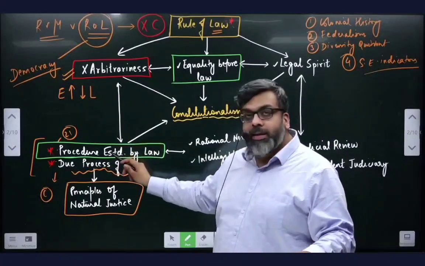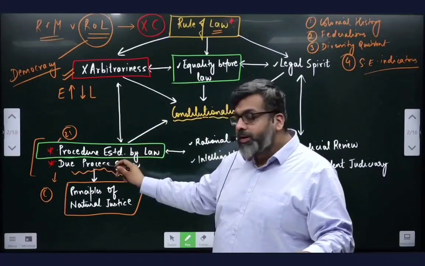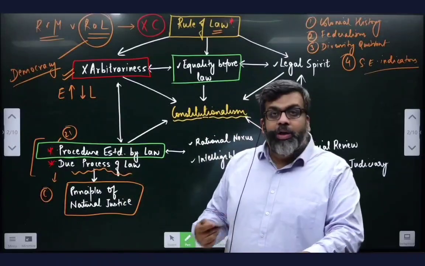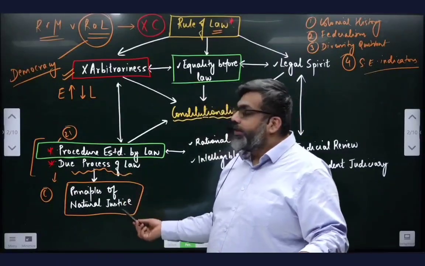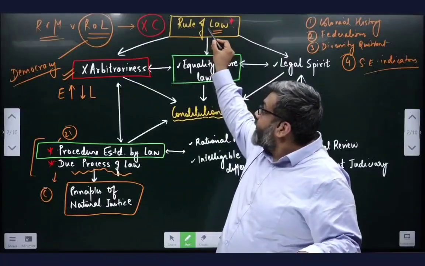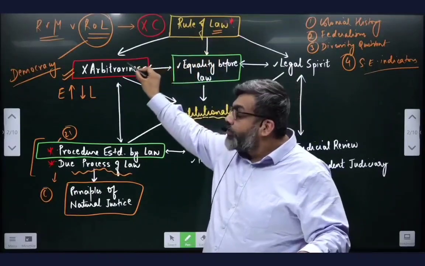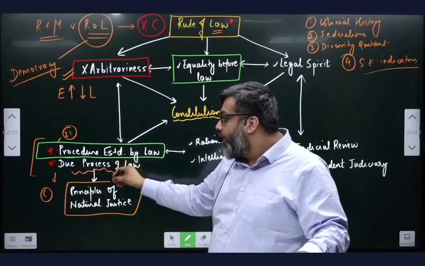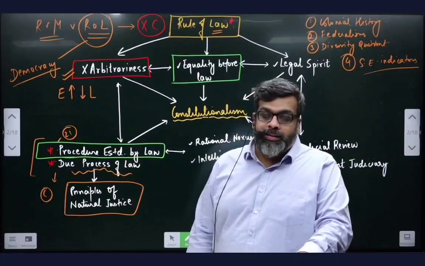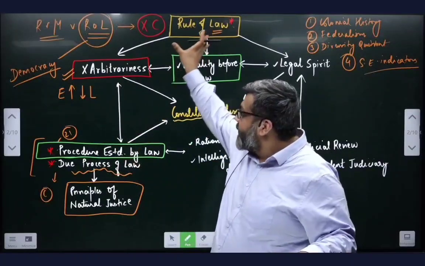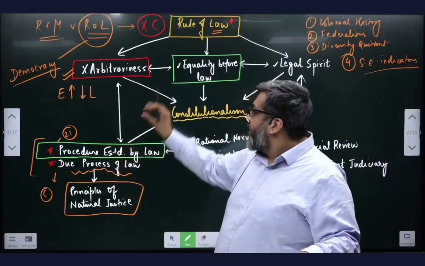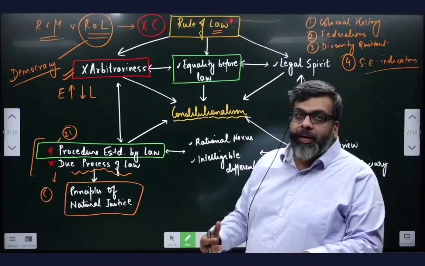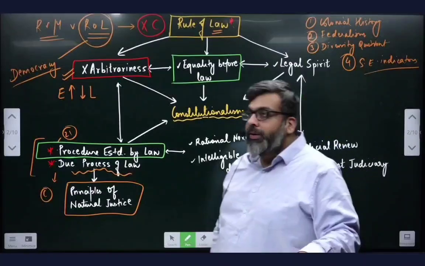And if that is the case, to prove due process of law, you must be able to also attach the larger concepts of principles of natural justice. So the journey starts from rule of law, comes to arbitrariness, comes all the way to procedure established by law and due process of law. This is one arm of it. The second arm of rule of law, the second pillar of rule of law, is equality before law.